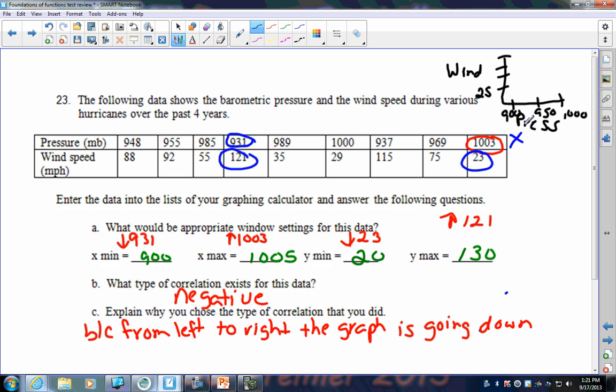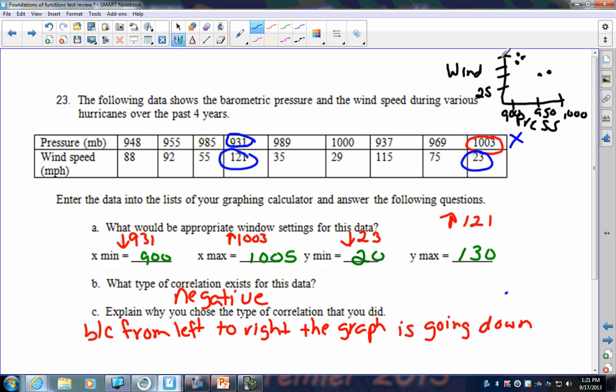All right, at 948, it was up at 88. 955, it was up here somewhere. 985, over here, it was at 55. 931, it was up at 100 and whatever. 989, it was at 35. I kind of sketched like this.